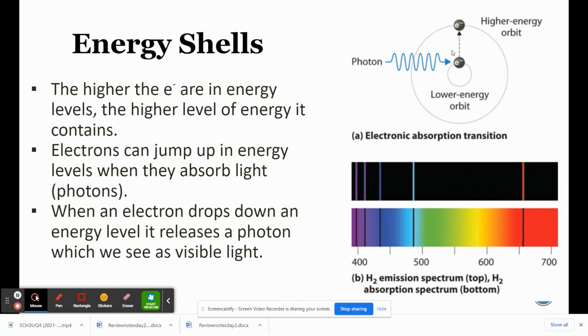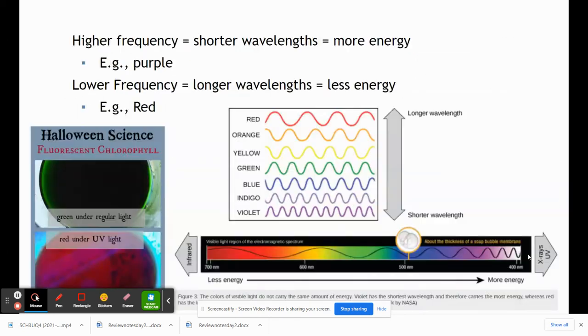When it comes back down, it's going to release energy as light and heat, and this is the energy level of the light that was released. Different colors of light have different amounts of energy in them. Usually you have higher energy in this end over here, the violet end, and then in the red end you have lower amounts of energy overall.